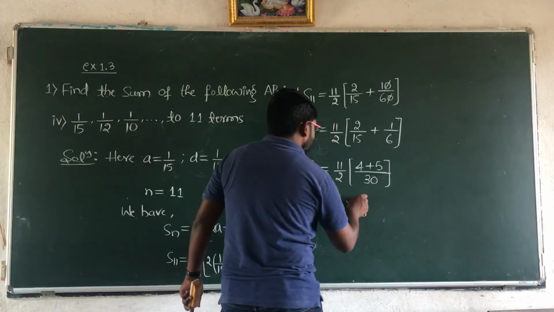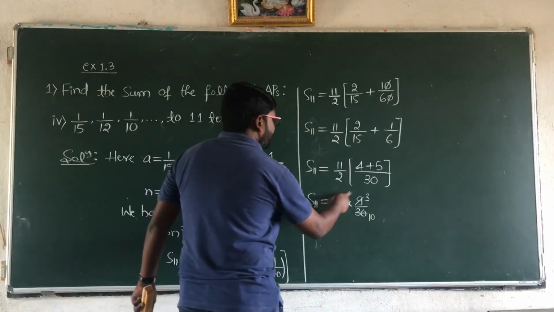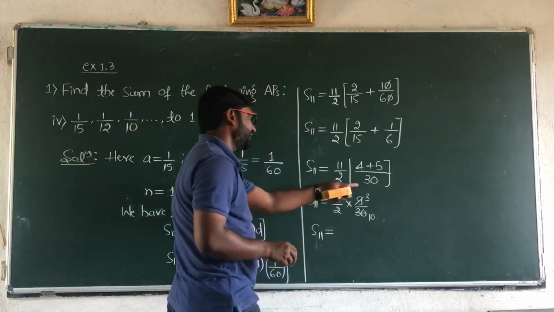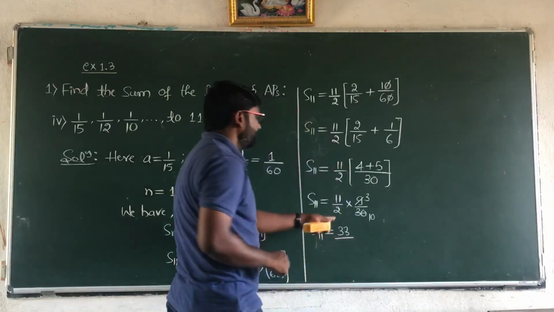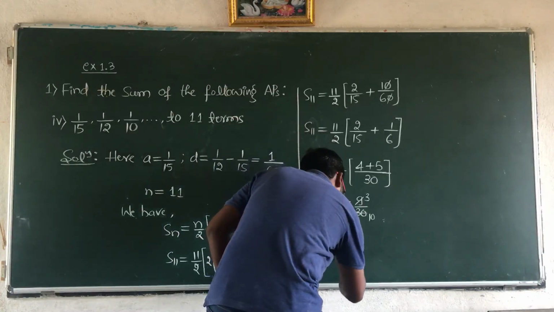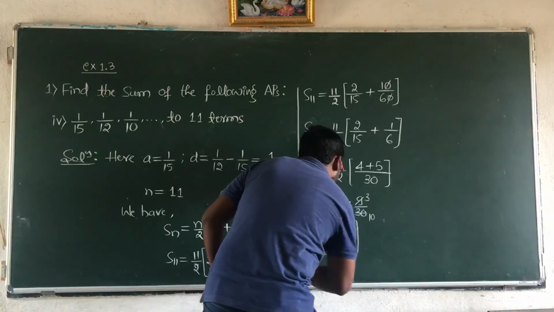So 3 3s are 9 and 3 10s are 30. So 11 into 3 is 33, divided by 2 into 10, which is 20. So 33 divided by 20.